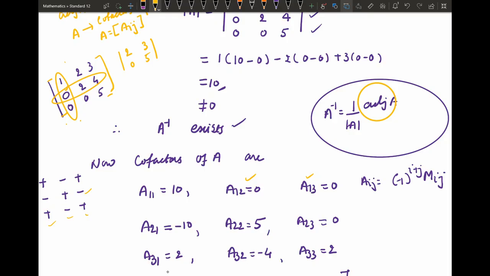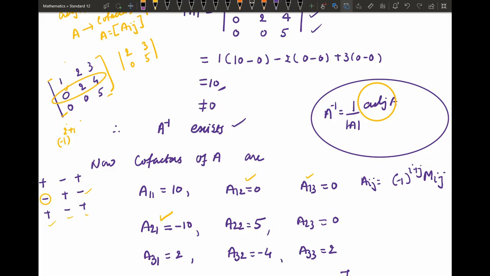The cofactor value is 10, and we will give sign minus, so A21 is minus 10. 5 into 2 is 10 minus 0, and minus 1 raised to 2 plus 1, that is minus.